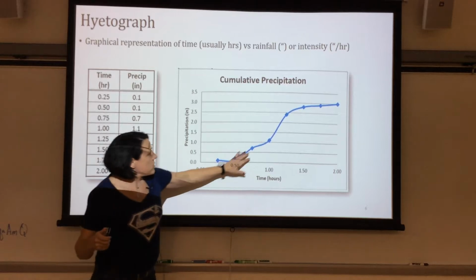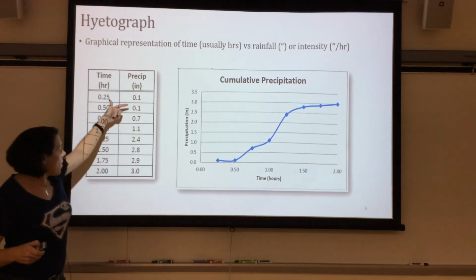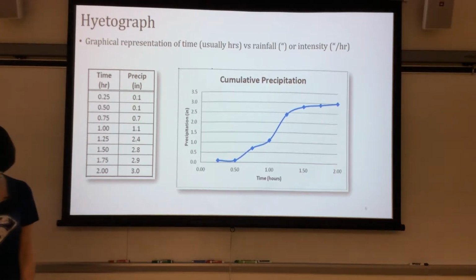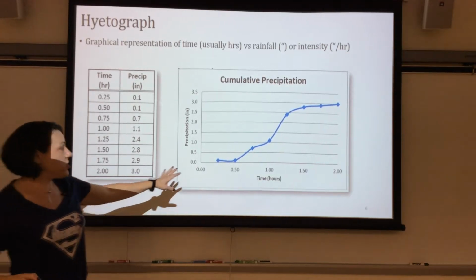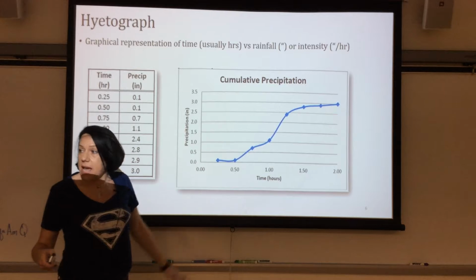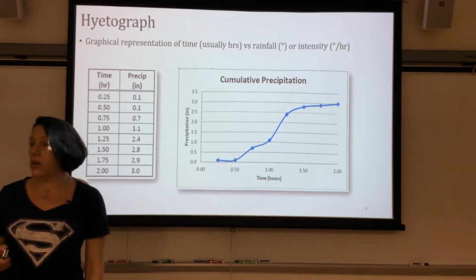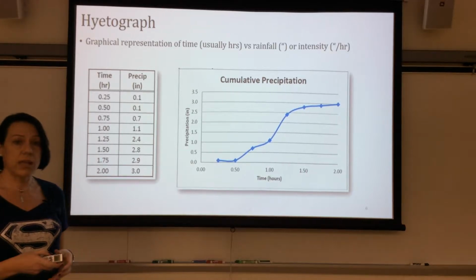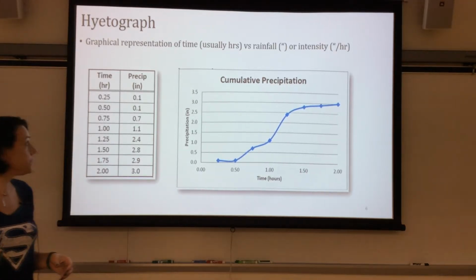It goes all the way up to 3 inches. All I did was add these up until a time of 2 hours. Now these should start to look kind of familiar. We looked at the SCS curves, S curves of rainfall intensities, when we started talking last lecture.